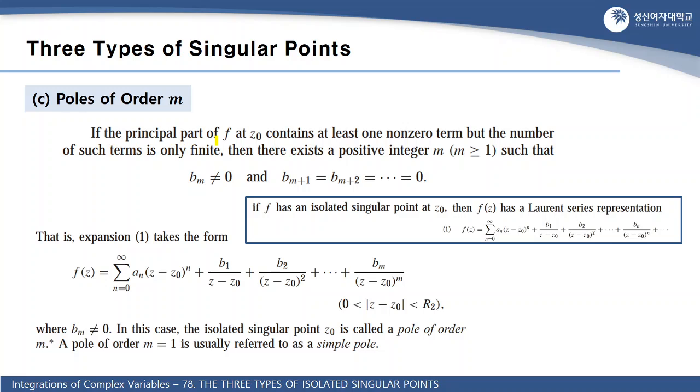If the principal part of f at z0 contains at least one non-zero term, but the number of such terms is only finite, then there exists a positive integer m, greater than or equal to 1, such that b_m is not equal to 0 and b_{m+1}, b_{m+2}, and every b_{m+k}, as k goes to infinity, is equal to 0.